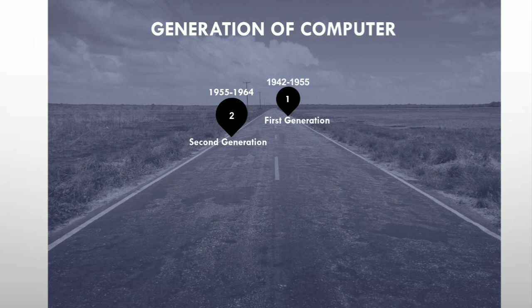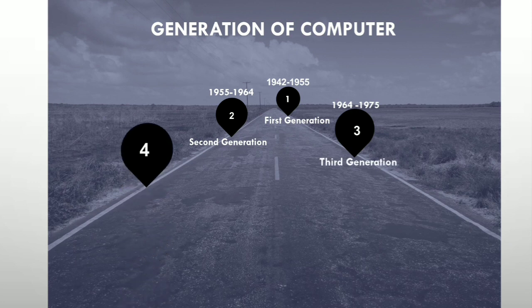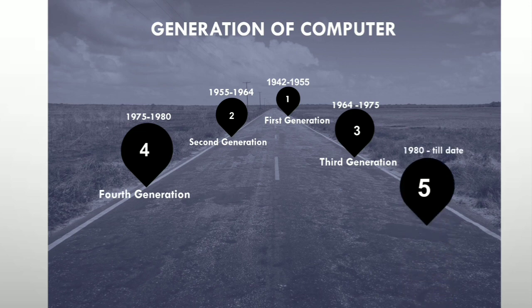As the technology developed, they introduced many different products in the years 1964 to 1975, and it was termed third generation. As days passed, in the years 1975 to 1980, they introduced the fourth generation of computers. And later, from 1980 till today, it is the fifth generation of computers.